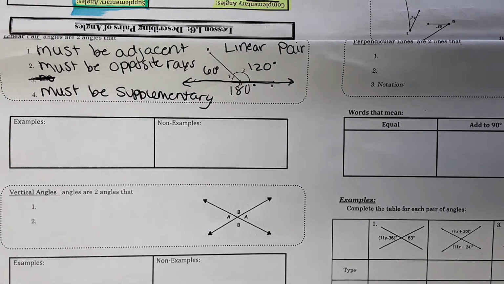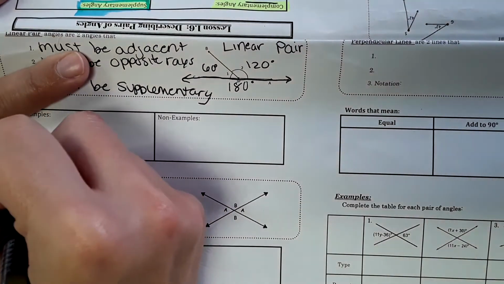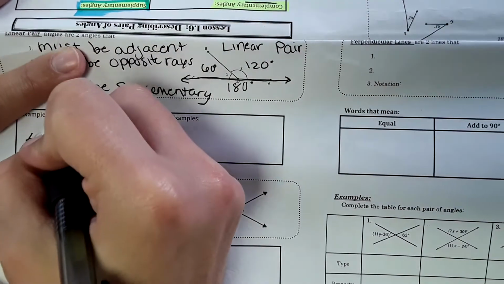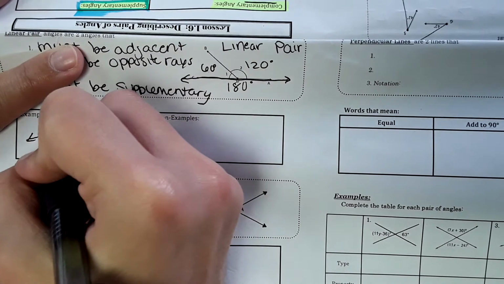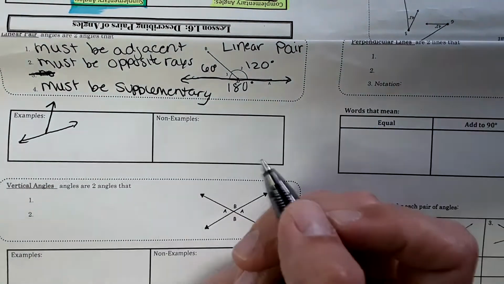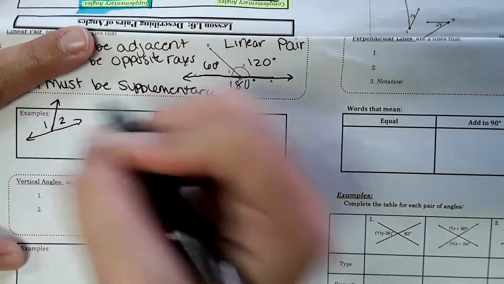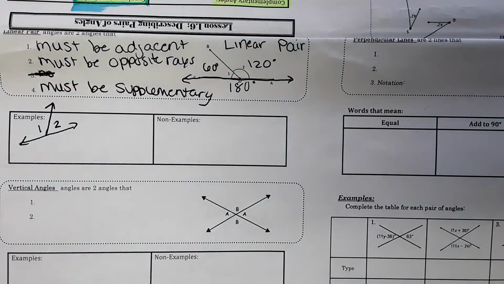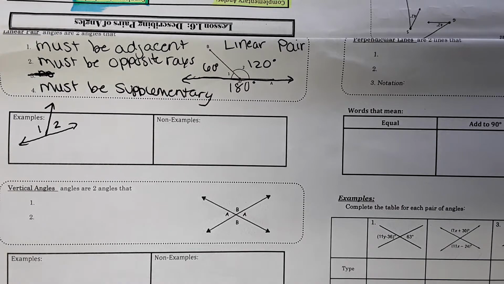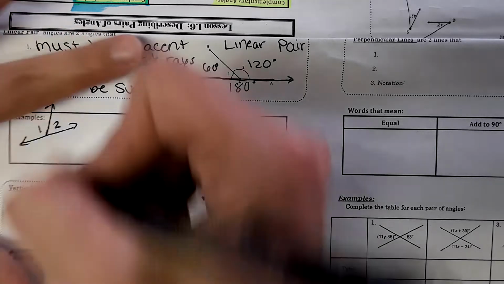Okay, so examples of a linear pair would be a straight line with a ray shooting out of it. So 1 and 2 would be a linear pair. Another example is when you have intersecting lines.